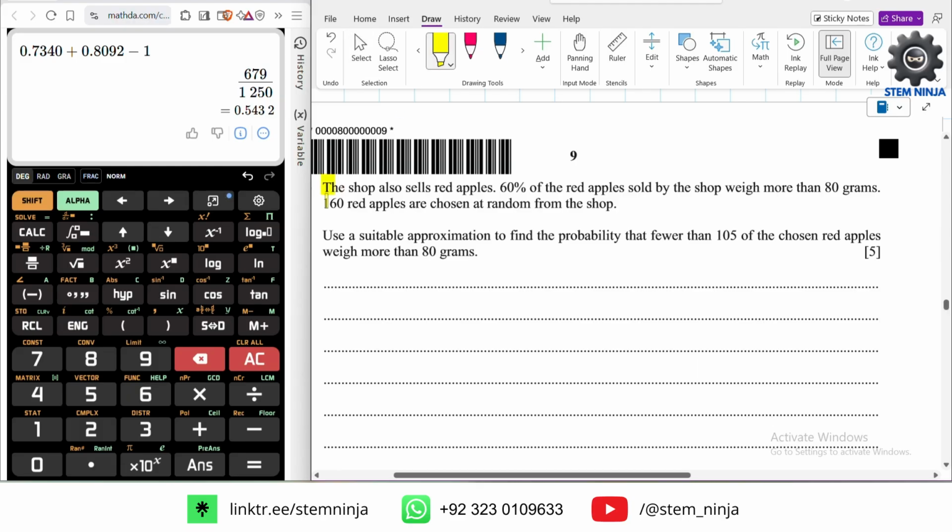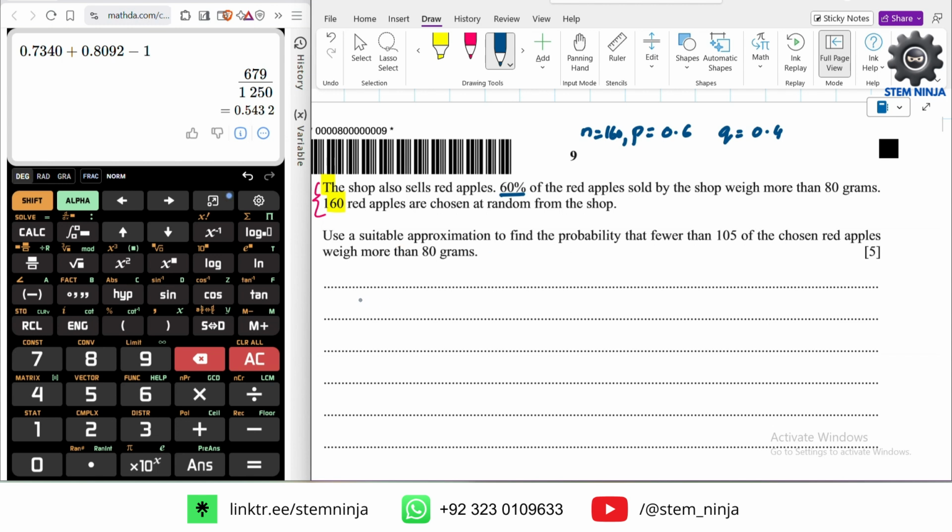Now, the first two lines point to binomial distribution. So you see 60% of the red apples sold by the shop, right? So that means the probability of success is 0.6, the probability of failure is 0.4, and the n is basically 160, right?